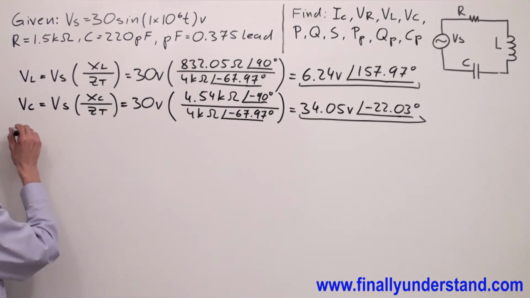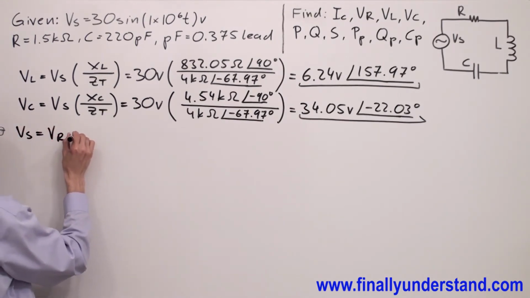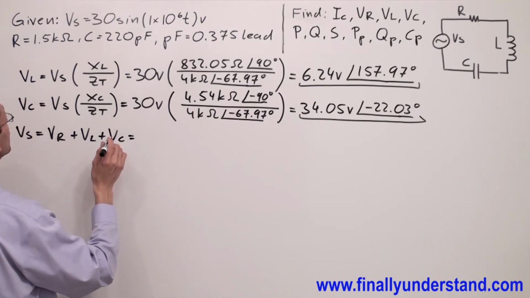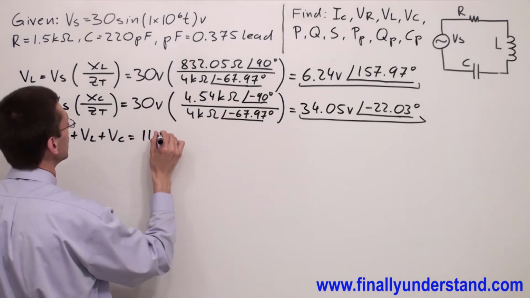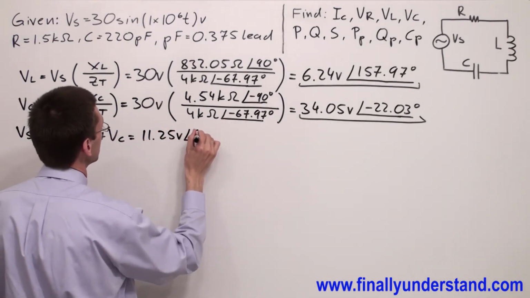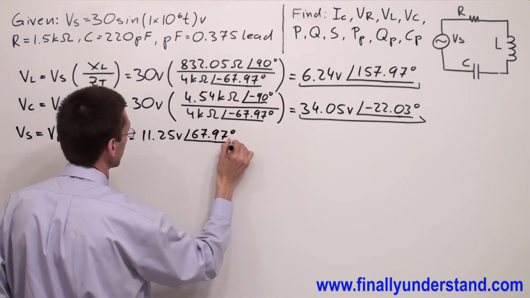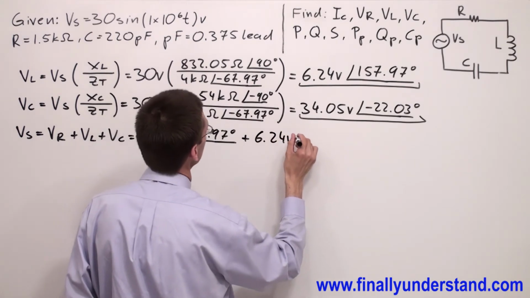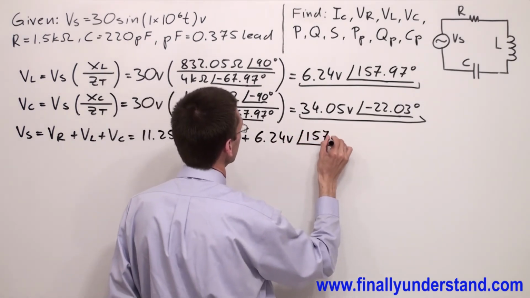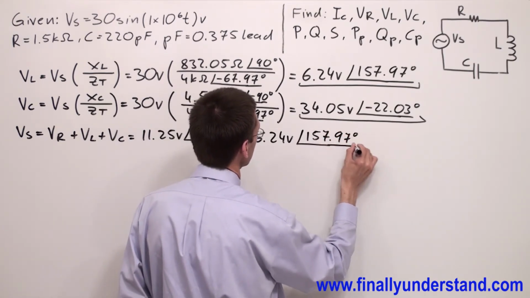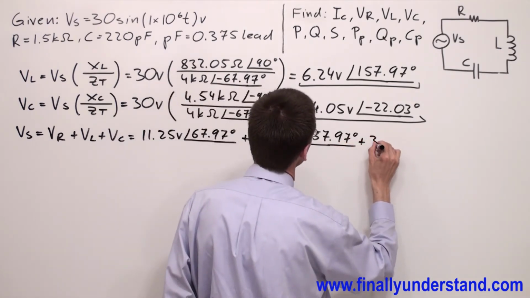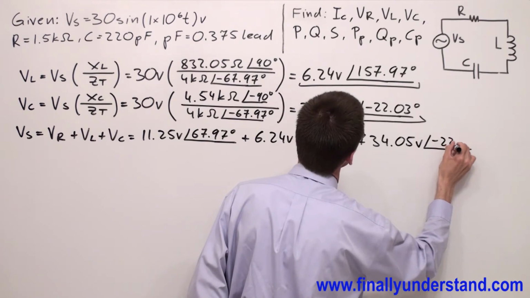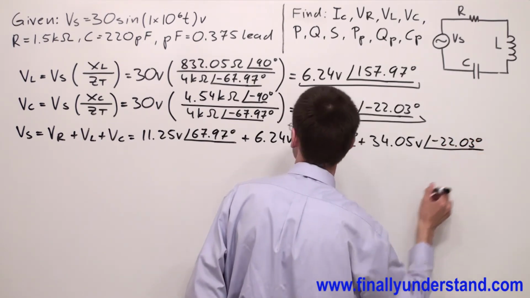So I'm going to have voltage source is equal to voltage across the resistor plus voltage across the inductor plus voltage across the capacitor, where voltage across the resistor we found is equal to 11.25 volts and angle of 67.97 degrees, plus VL, which is equal to 6.24 volts and angle of 157.97 degrees, plus VC, which is equal to 34.05 volts and angle of negative 22.03 degrees.